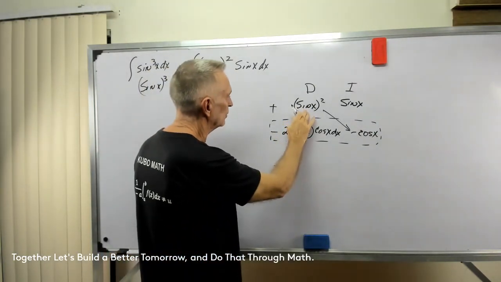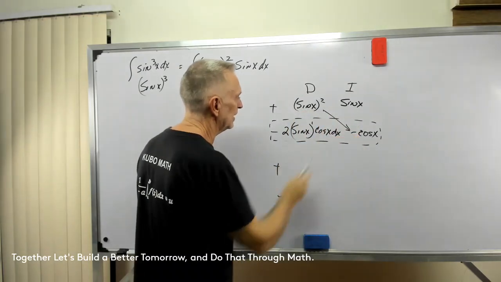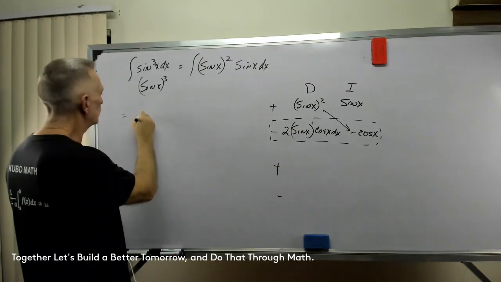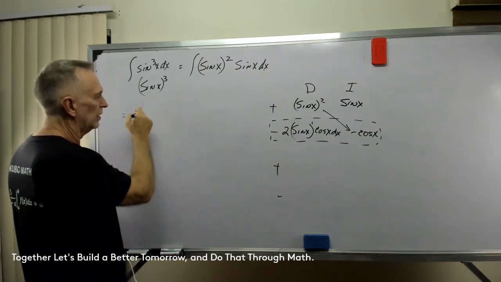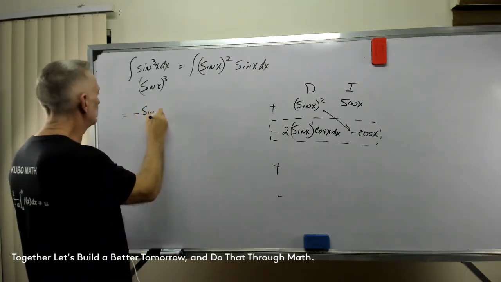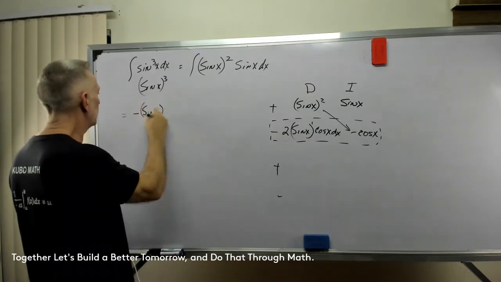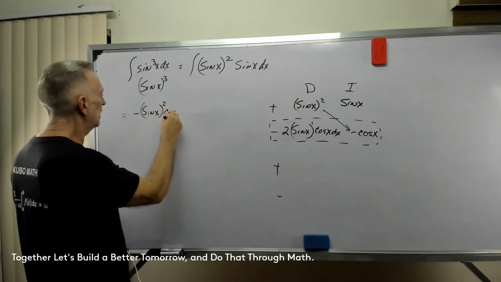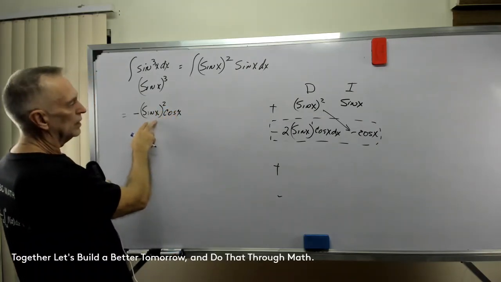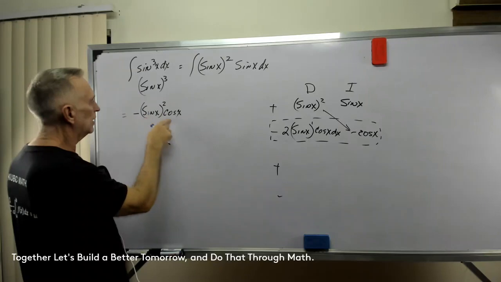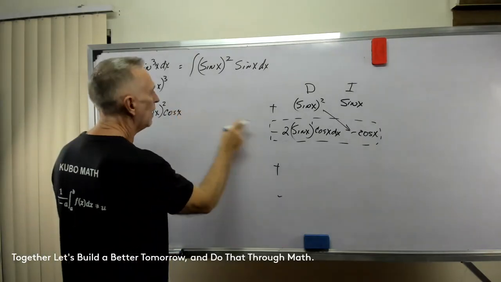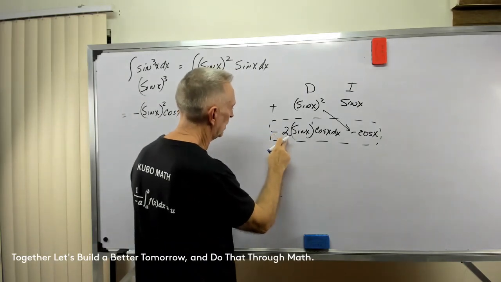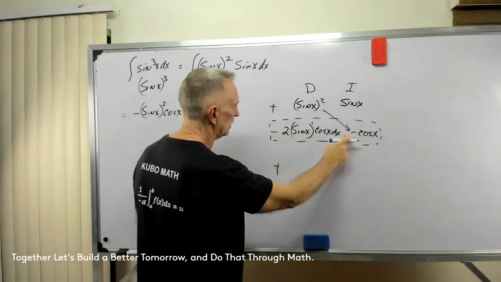We have sine x squared times negative cosine x. So this equals, I'll put the negative here. I'll put my sine terms first. Sine x squared times that negative cosine x. So sine x squared negative cosine x. Okay. Now we're going to integrate this row, but it's a negative times a positive, which is a negative, negative times negative.